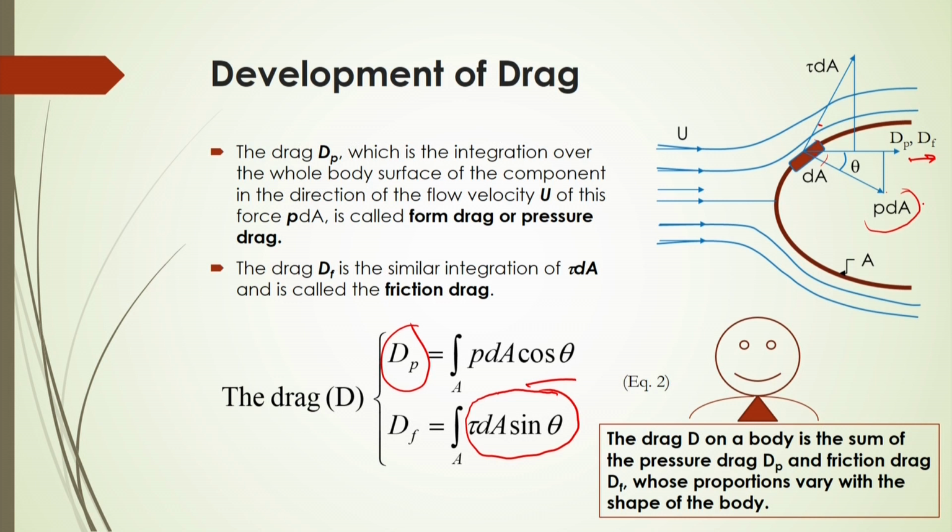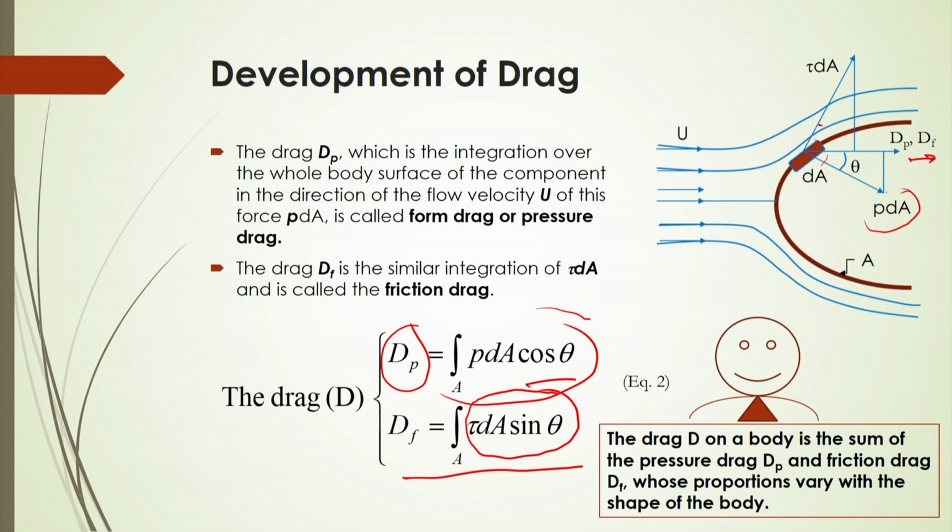So, we can define these two components of the drag in the direction of the flow. The pressure drag dP is defined as the integration of P dA cos theta, and the drag force contributed by friction, the friction drag dF, is defined as the integration of tau dA sin theta.